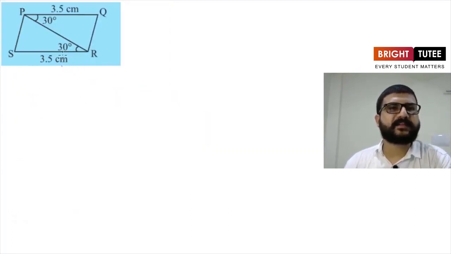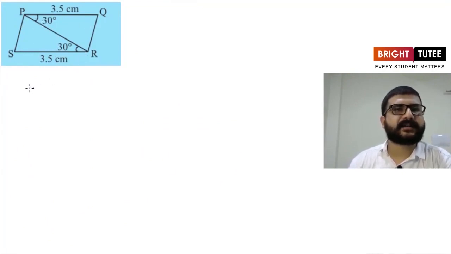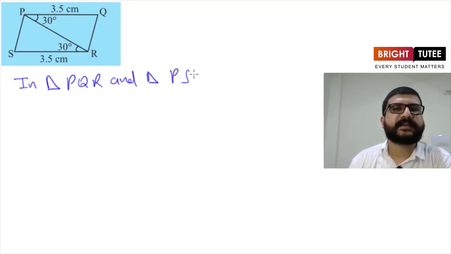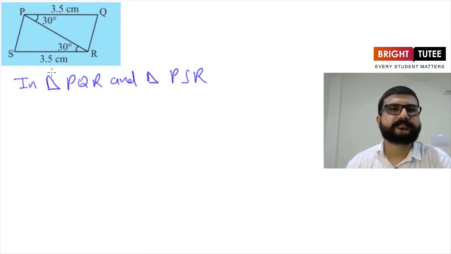Two triangles are given here, triangle PQR and triangle PSR. So let's start writing, in triangle PQR and triangle PSR, what we have: PQ is equal to RS.